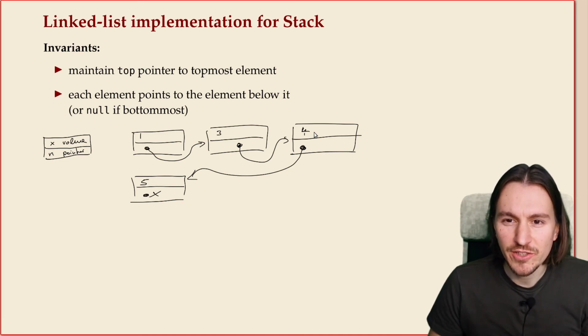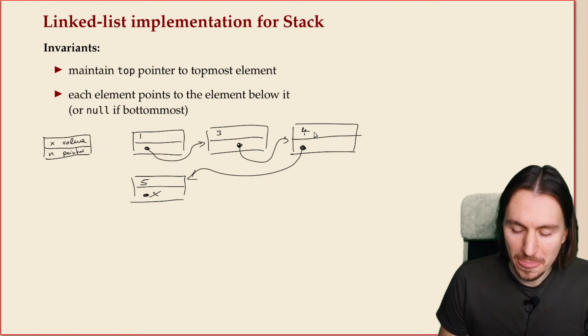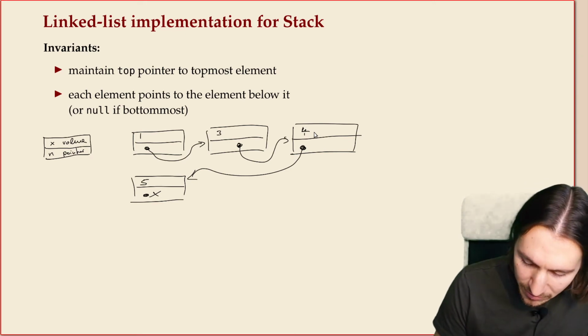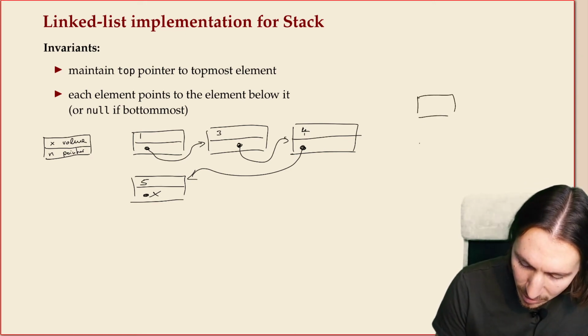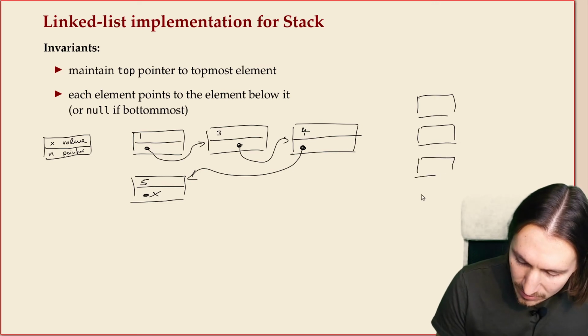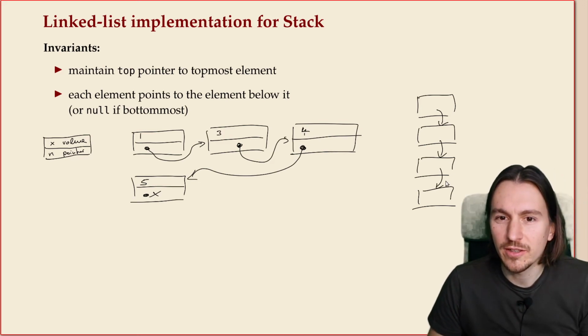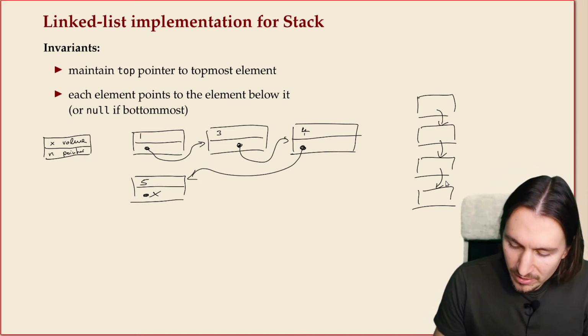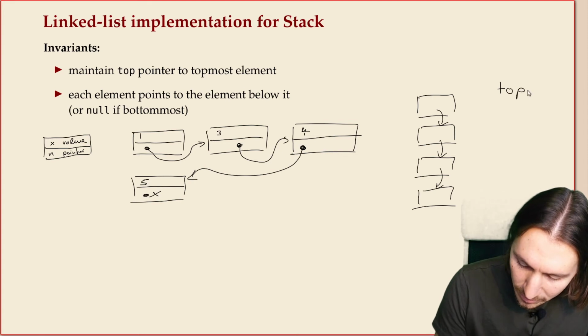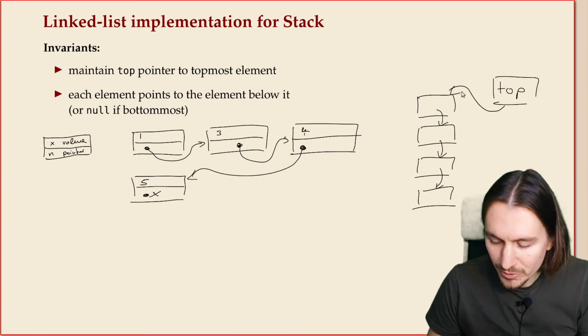How do you make a stack out of this? It's fairly simple. You just imagine that you have these boxes stacked on top of each other, and it always points to the next thing below it. And you have one global variable top that points to the topmost element.